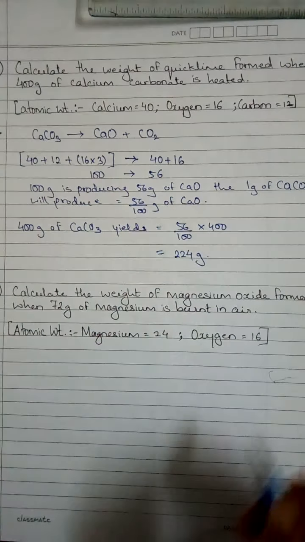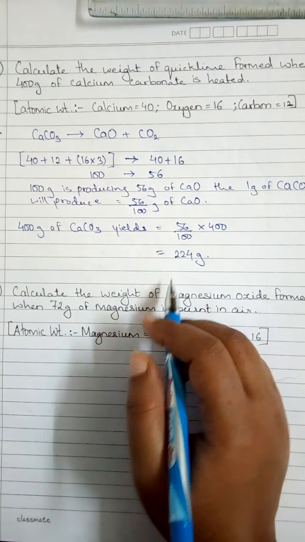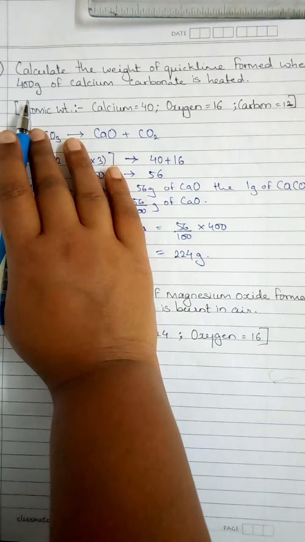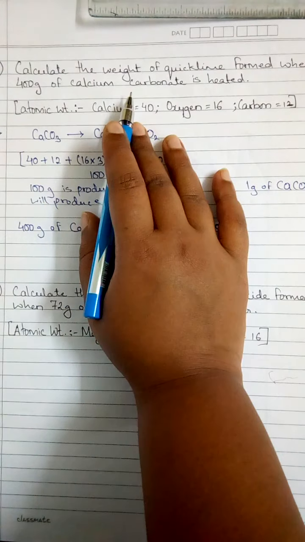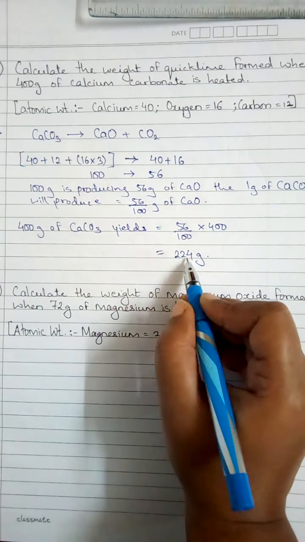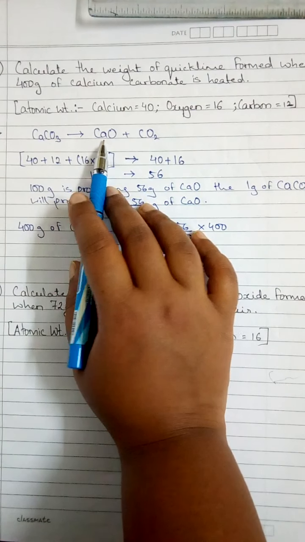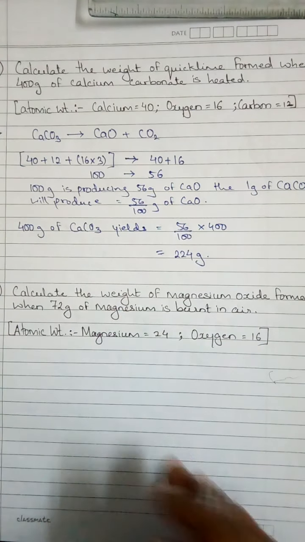Okay, this is what we'll get. So we'll say that if 400 gram of calcium carbonate is heated, we'll get 224 gram of calcium oxide, that is the quicklime. Moving on to the next question, the last one.